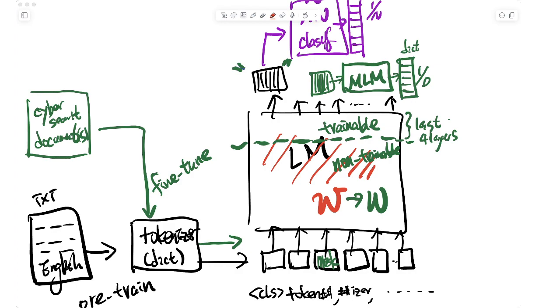So the output of the CLS still knows what English is, and it knows additional cybersecurity knowledge. But when you train this model, the purple structure is not involved when we fine-tune the green weight. The training of the purple structure and the green structure is separated.